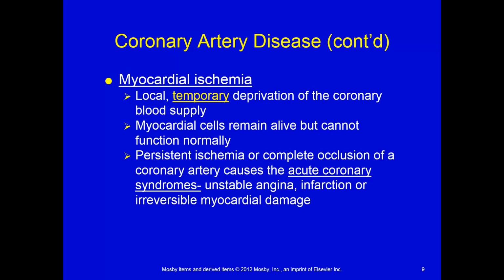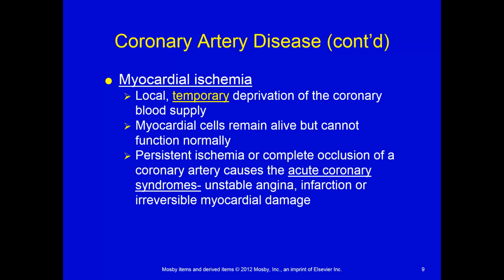Persistent ischemia or complete, obviously, occlusion of that coronary artery causes what we call acute coronary syndrome, ACS. And the disorders that sort of fall under this umbrella of ACS are unstable angina, infarction, and irreversible myocardial damage.